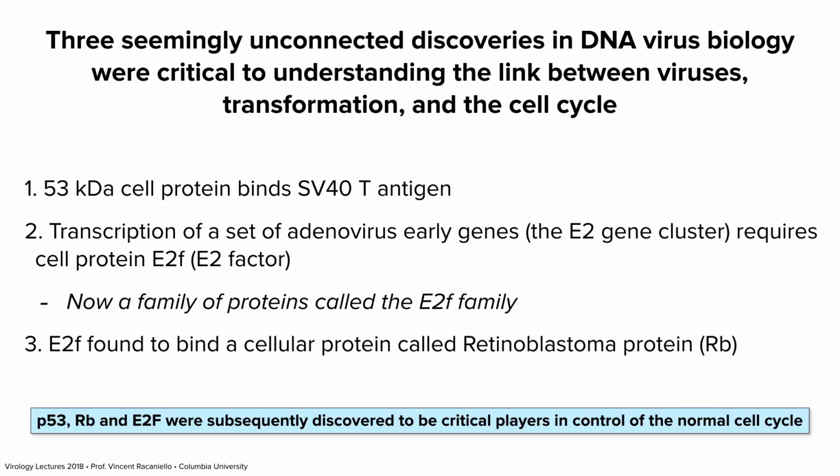And finally, E2F, this cellular transcription protein that's needed for transcription of the adenovirus early genes, binds to a cell protein called RB, retinoblastoma protein. And all of these proteins, P53, RB, and E2F, will come together in a few moments and explain how the cell cycle growth is controlled and how these viruses disrupt it.